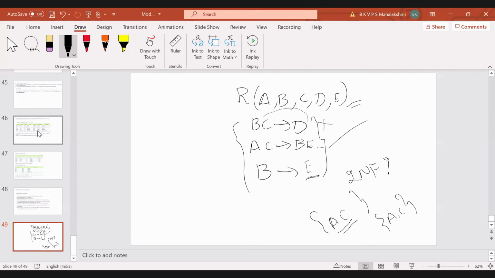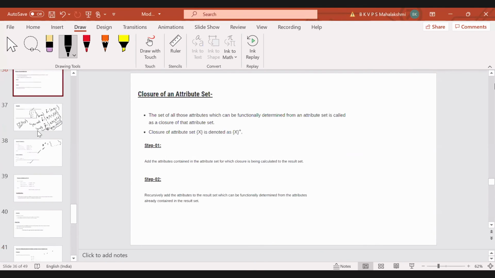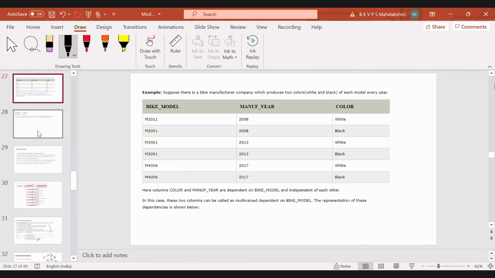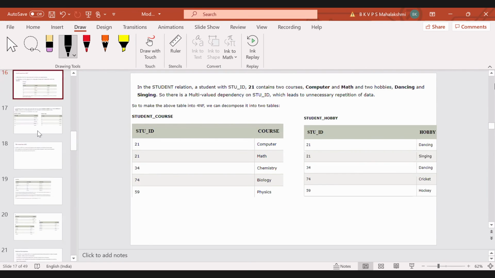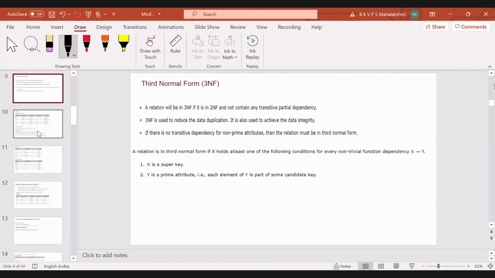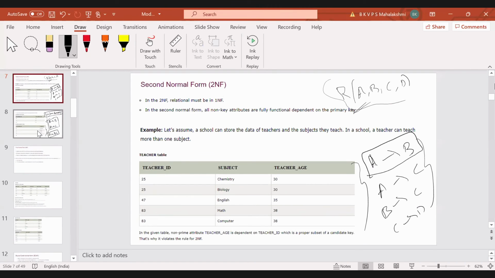So the definition is Y should be fully functionally dependent on X. All non-key attributes are fully functionally dependent on the primary key. So this is the property. Now tell me whether all the functional dependencies are satisfying this property or not.